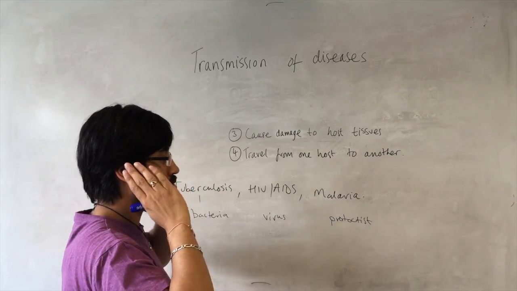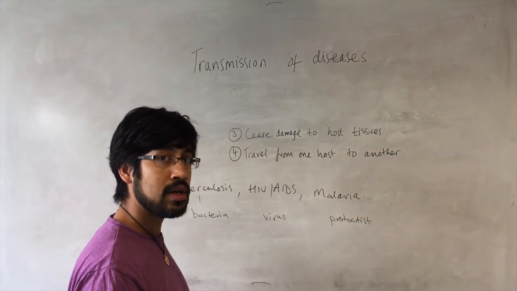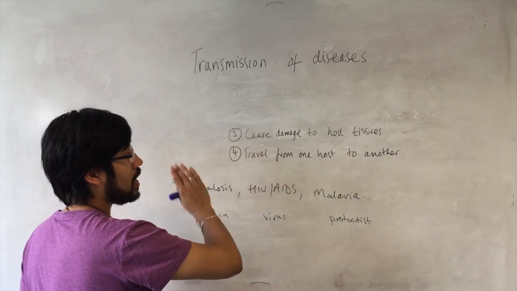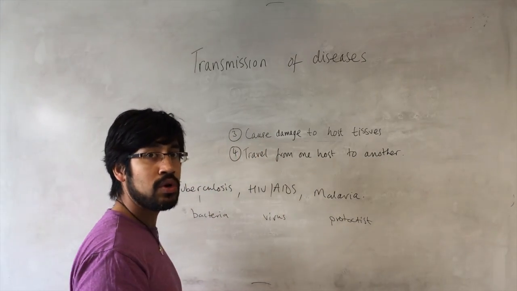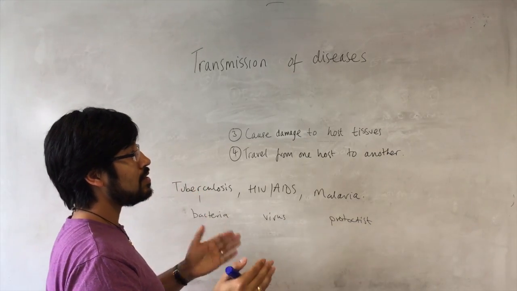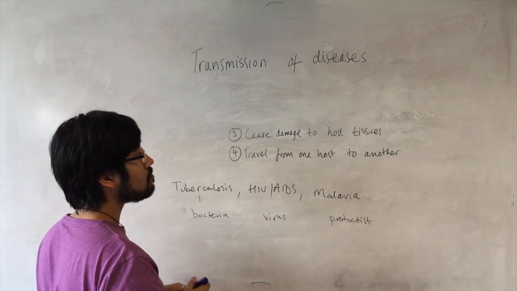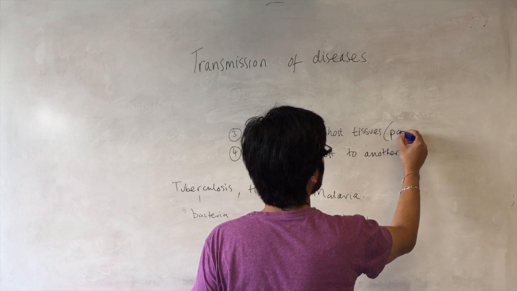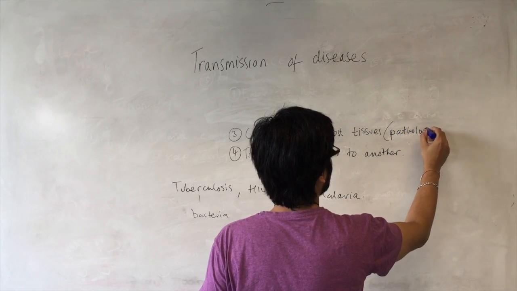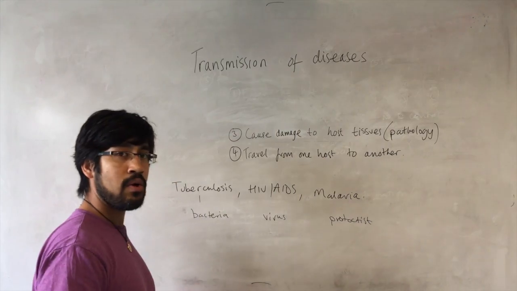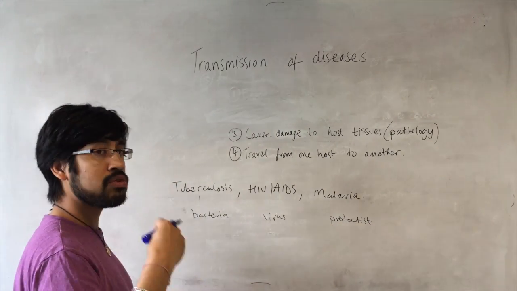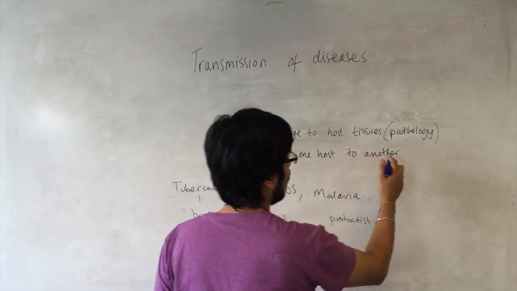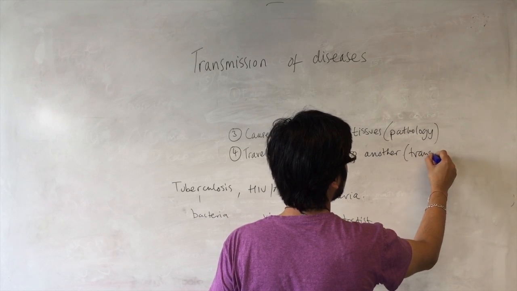That's one thing you really need to have clear in your mind. And secondly, how does it get from one host to another? That is transmission. So let's call the first one pathology, the study of how this microorganism is actually going to cause damage to the host. And the second part is transmission.